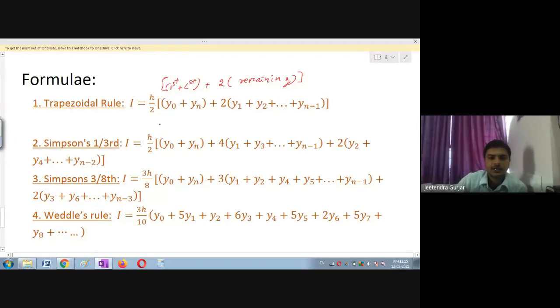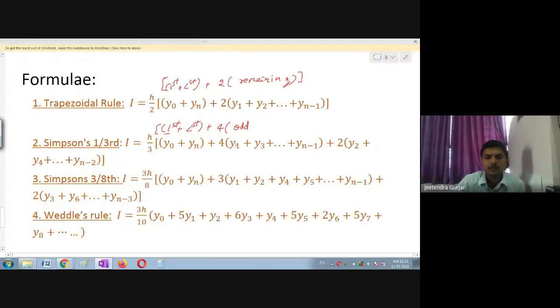Okay, so next, how will you remember Simpson's 1/3 rule? This is again h upon 3. First value plus last value, add them, plus 4 times. Students, please remember these are odd terms.